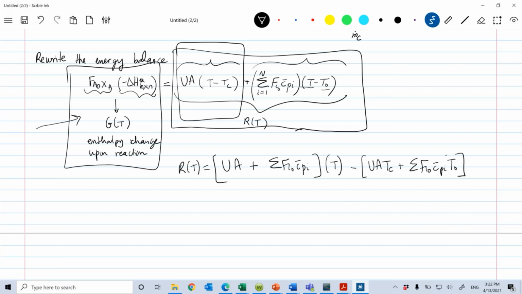So you can just rearrange it this way. Now if this is a straight line, your slope is going to be this, and your intercept is going to be this term.